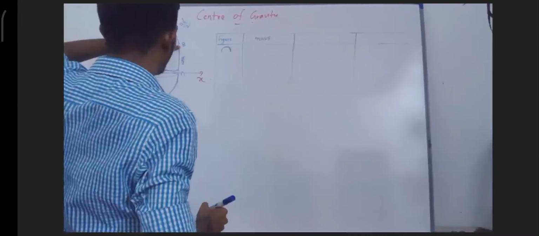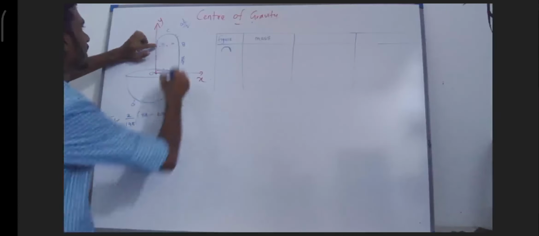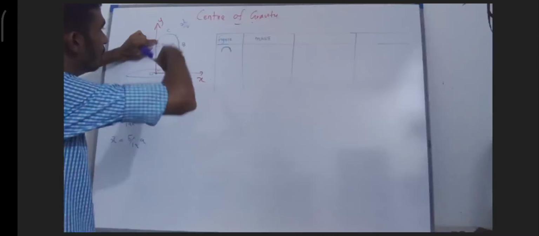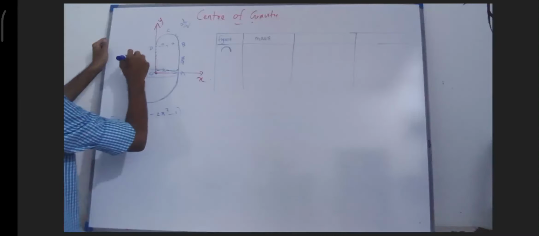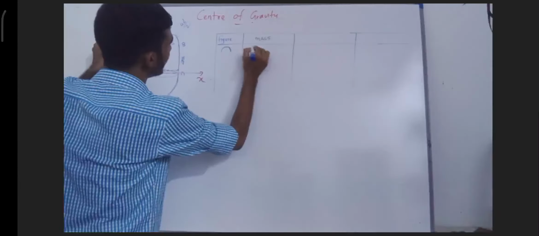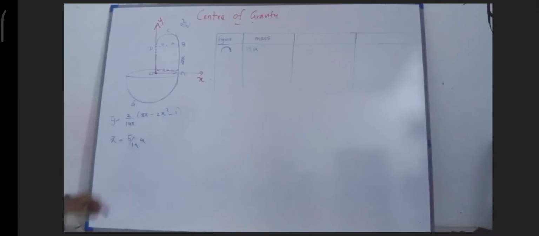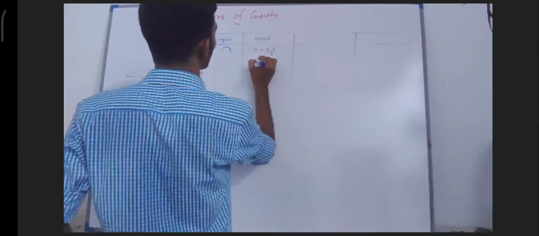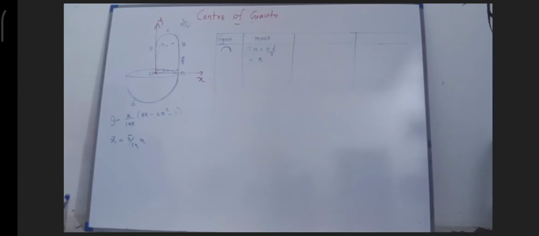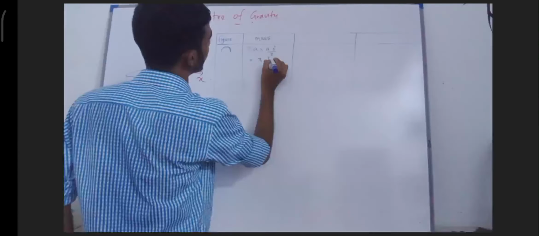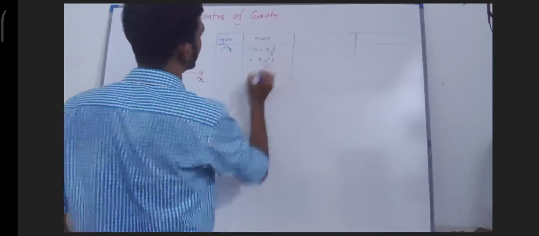The mass of this one: this is a semicircular wire, so the length is pi a, and with mass per unit length a sigma by 2, that is equal to pi a square sigma by 2.